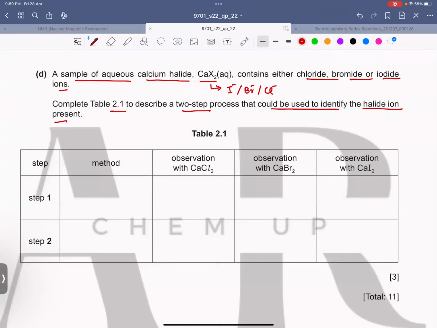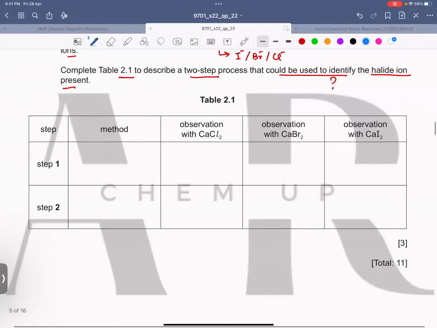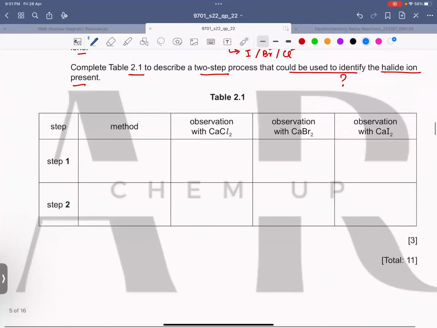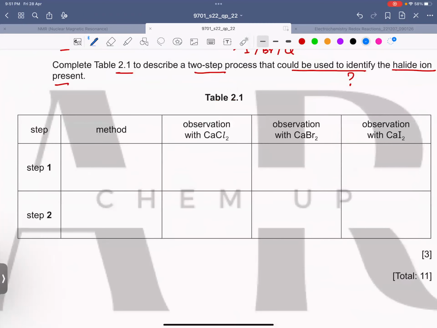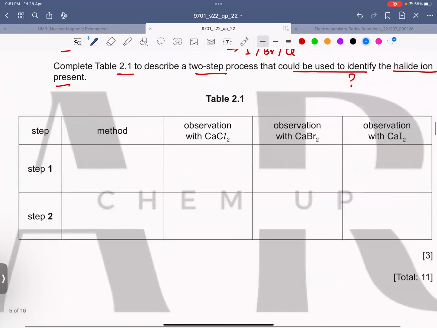Can anybody tell that test? I think you all did it in your paper 3 as well. Yes, Virat, very good. Silver nitrate. So the first method would be adding aqueous silver nitrate to all of these solutions.